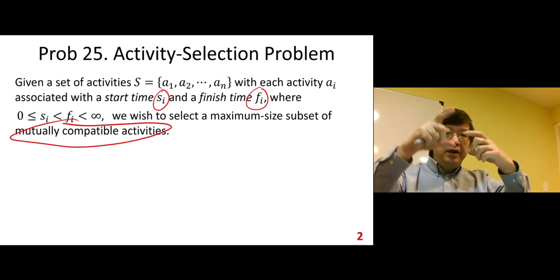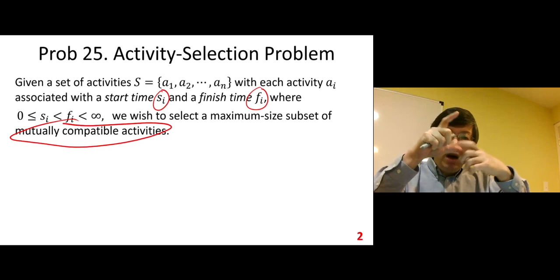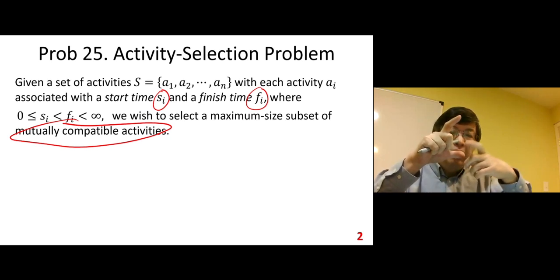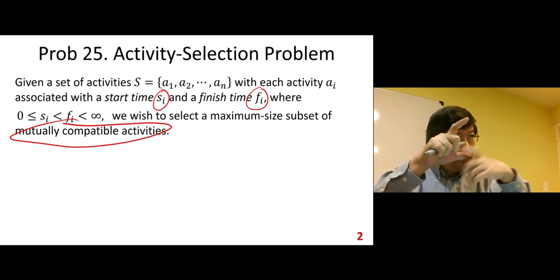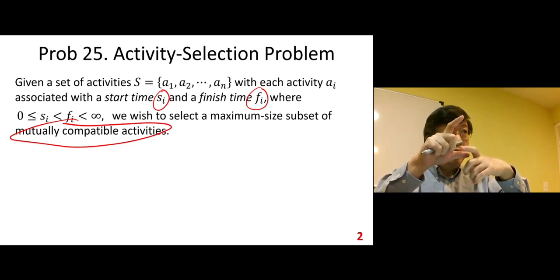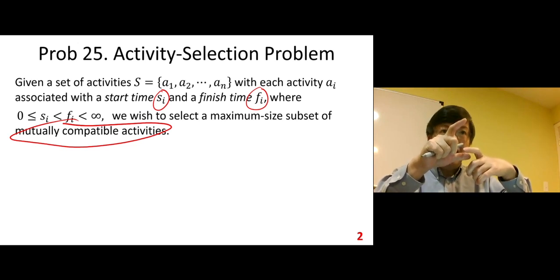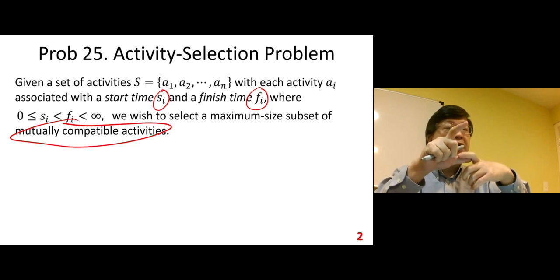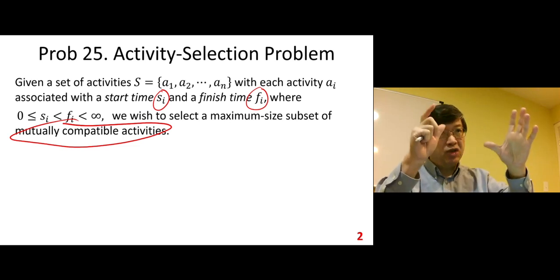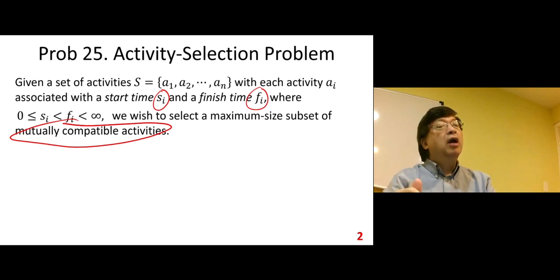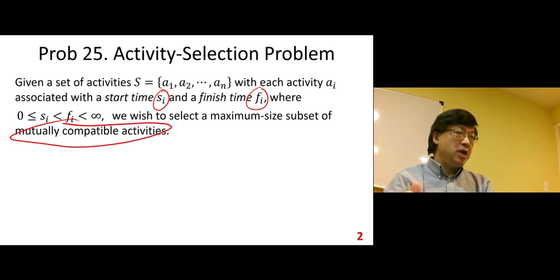When two activities have an overlapping part in their covering intervals, then these two are not compatible, because nobody can participate in both activities completely from beginning to end. So that's why we define this compatibility concept.